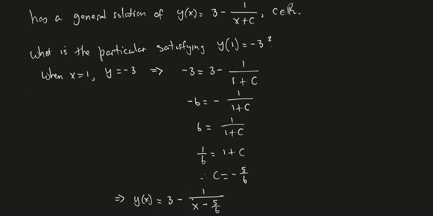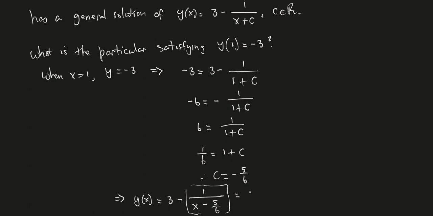So that's the function. Let's clean this up a little bit. Maybe write it as a single fraction. Well, actually, let's see if we can just write it without this fraction within this fraction. So let's multiply this top and bottom by 6.